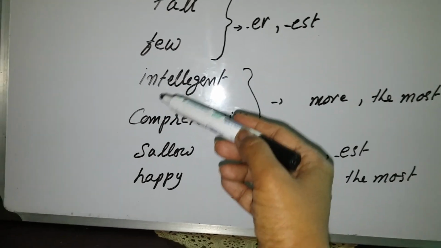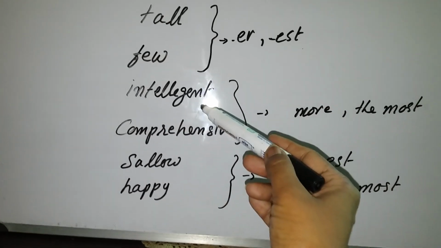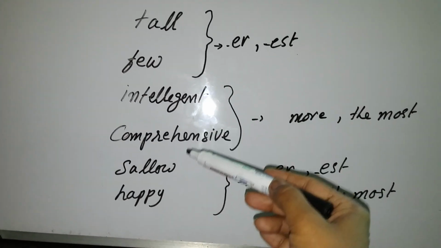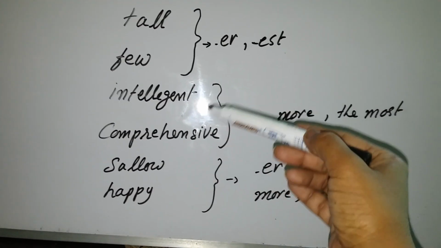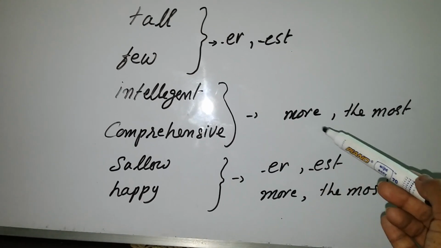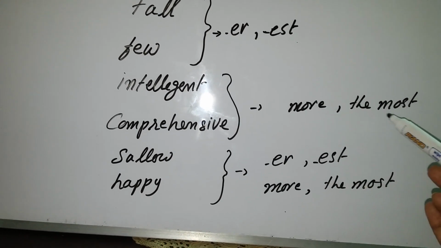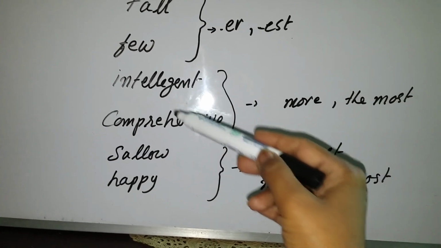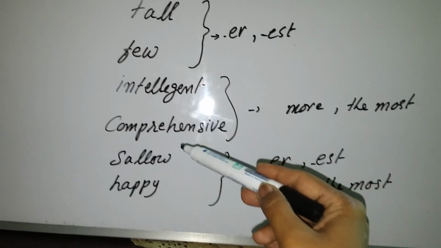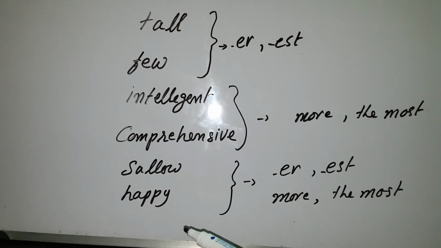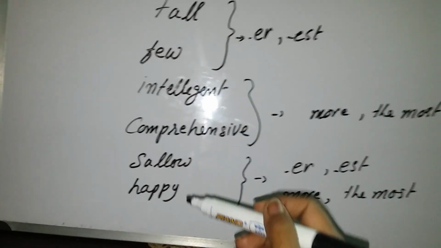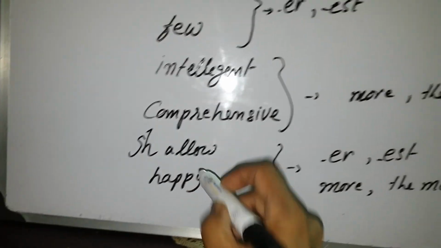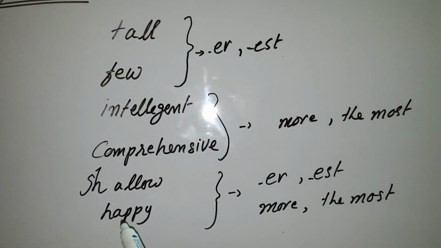Look at the third example, intelligent. And intelligent, comprehensive, these two words can be converted into comparative and superlative degree by using more and the most before them. More intelligent, the most intelligent. More comprehensive, the most comprehensive. The next example, shallow and happy.